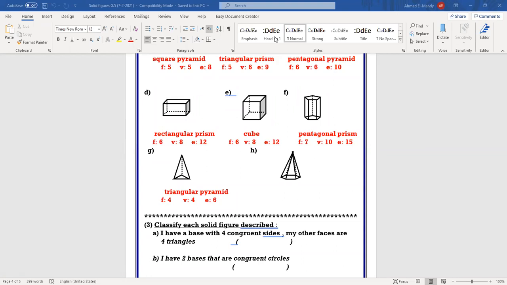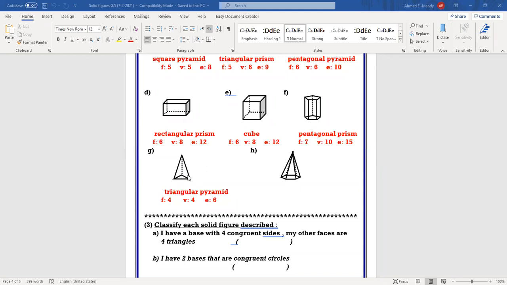And in the pyramid, to find the number of faces, number of base sides plus 1, to find the number of vertices, number of base sides plus 1 also, and to find the number of edges, number of base sides multiply by 2. This we explained yesterday.